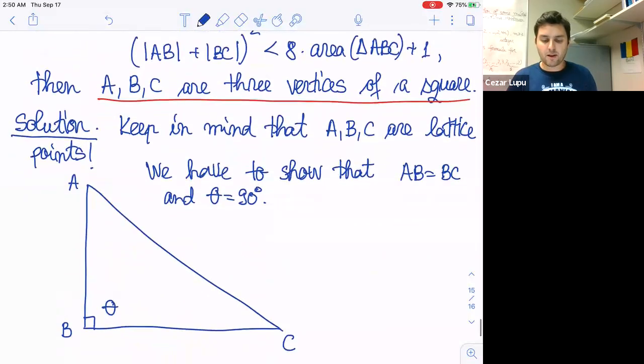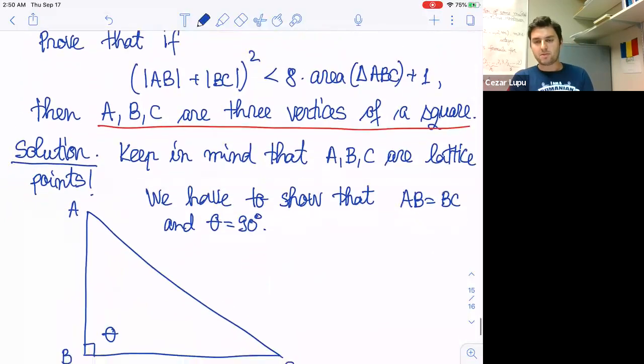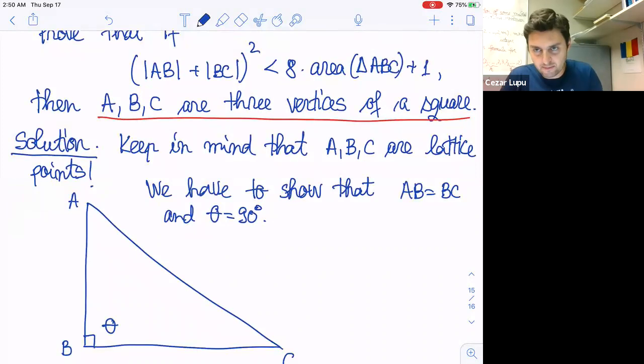We should be careful here. If you look at the condition, you'll be tempted to say maybe there are some geometric inequalities involved, or maybe something even simpler than that. And in fact, that's the case, but we have to be careful a bit here.